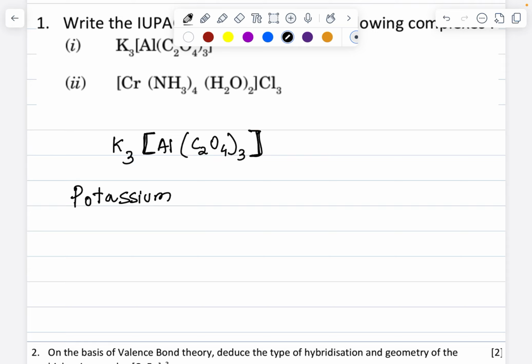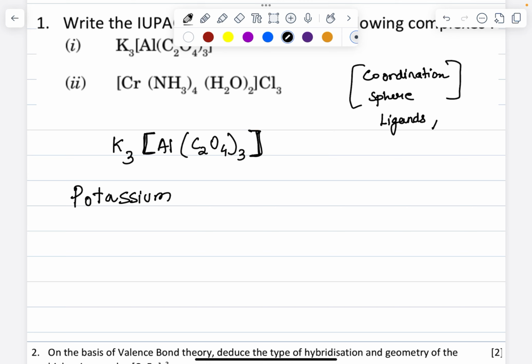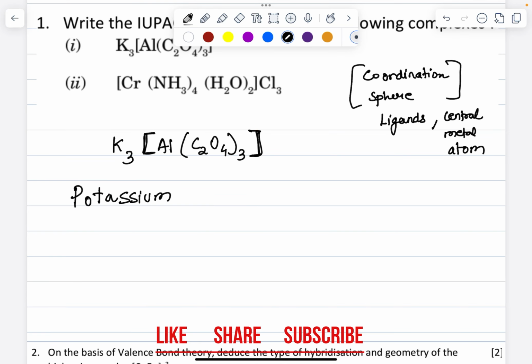In a coordination sphere, we always name the ligands first. Remember this. In the coordination sphere, which means in that square bracket, we name the ligands first, then the central metal atom. Ligands can be more than one.